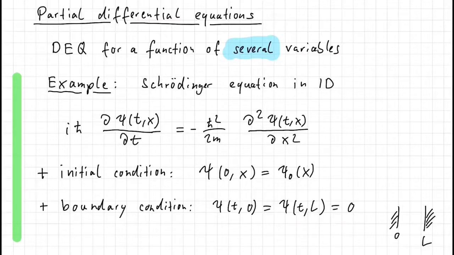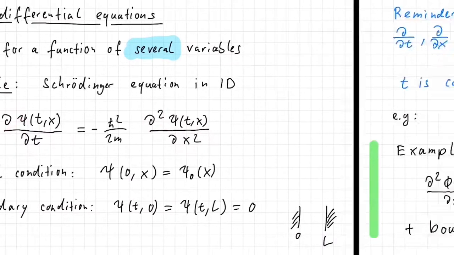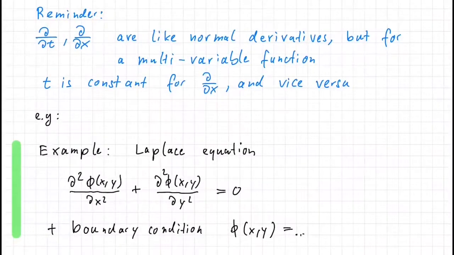Now, before we look at the second example, let's maybe briefly take one step back and just remind ourselves again about the properties of these partial derivatives that I write here. So you see I write it with this partial d notation that we have here. And essentially, in essence, they're just normal derivatives, but for a multivariable function.